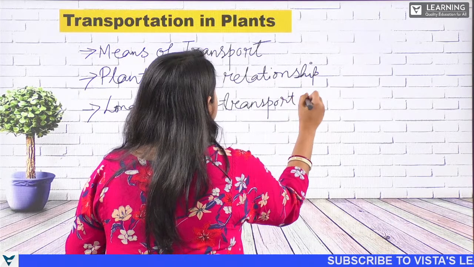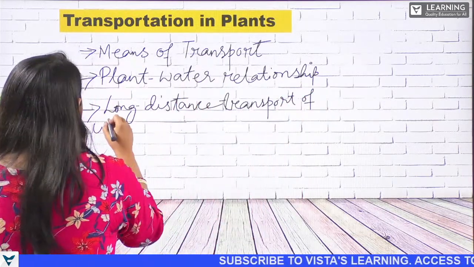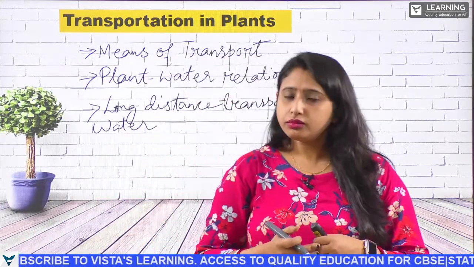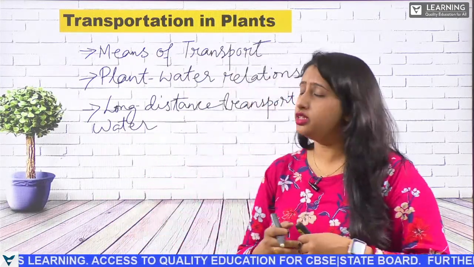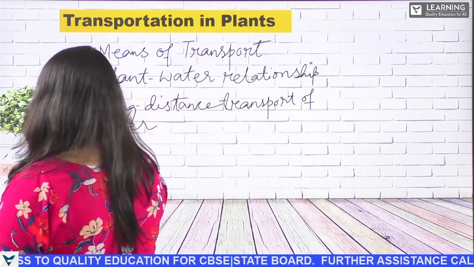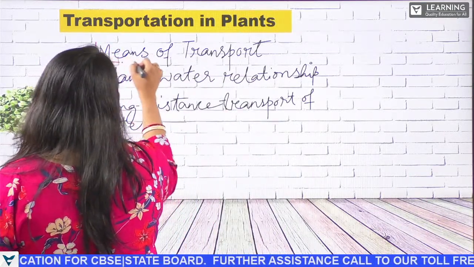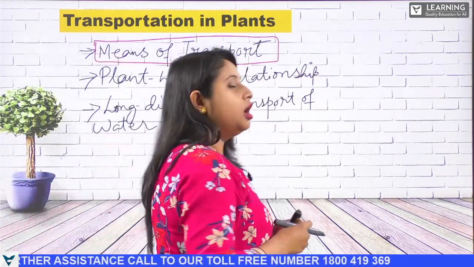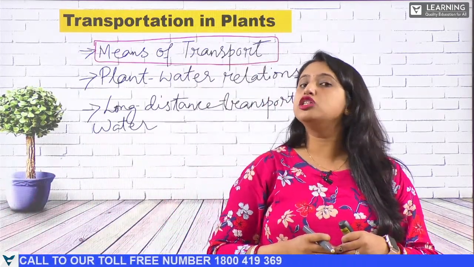All right, so these are the things you are going to learn under this chapter number 11. Now today we are going to cover the topic of the means of transport in plants.